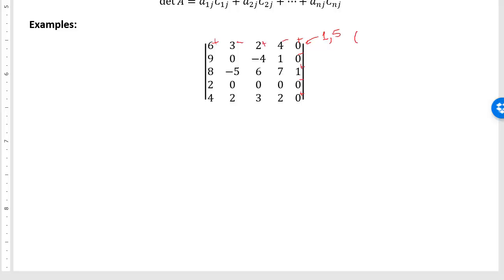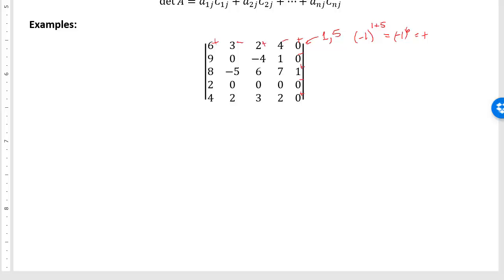And so remember that the sign is -1 raised to the i plus j. So this is -1 to the 6th power, which is positive. And then it follows that everything else is going to alternate after that.